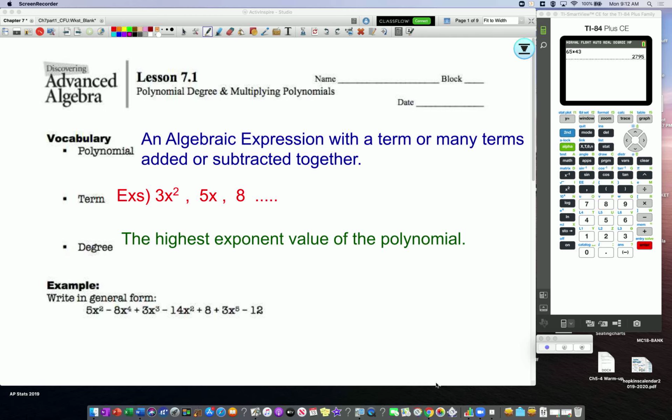So to start us off here, we have a definition of what a polynomial is. As it says here, it's an algebraic expression with a term or many terms added or subtracted to each other. Just to break down the word, poly means many, and a nomial I like to think of as an algebraic expression.